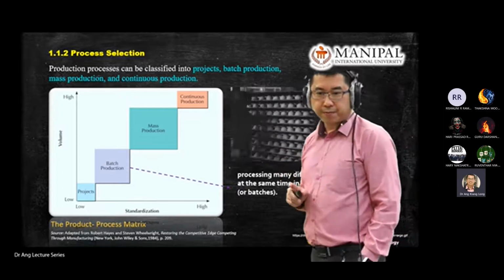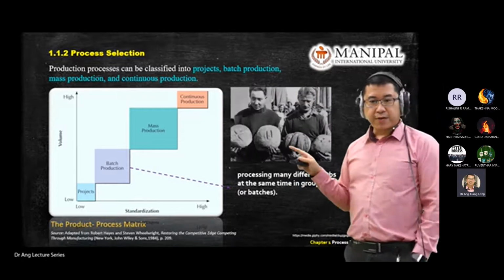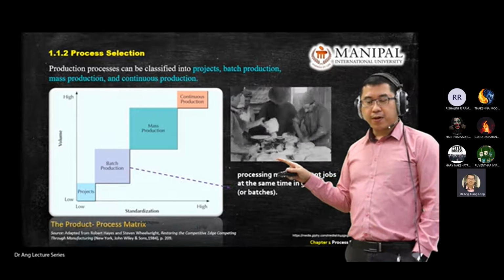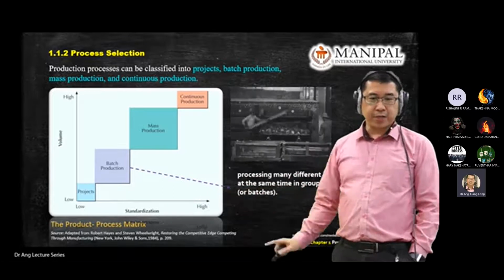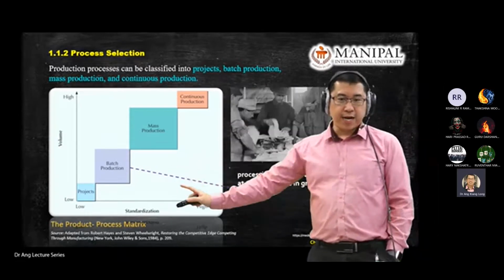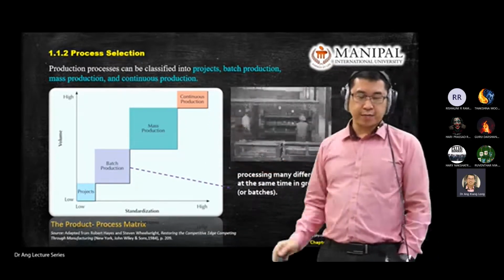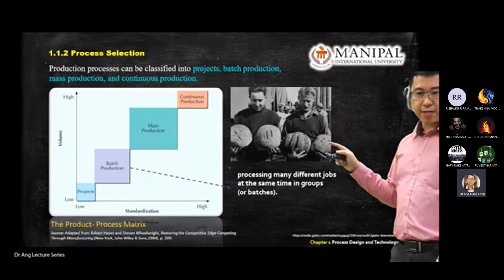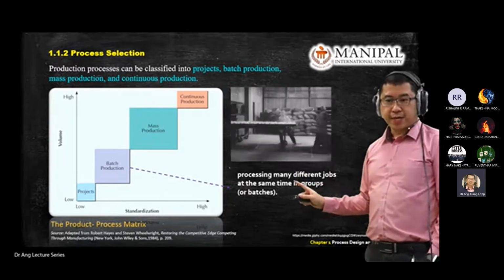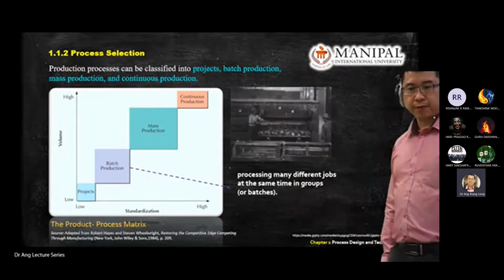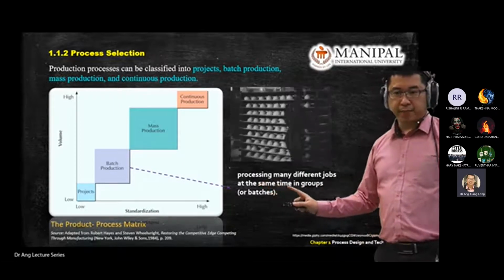For example, a bakery factory or bakery production falls under batch production, because the volume is higher than projects and the standardization is higher than projects. You will go through different processes at the same time. The keyword is that all these processes happen at the same time.